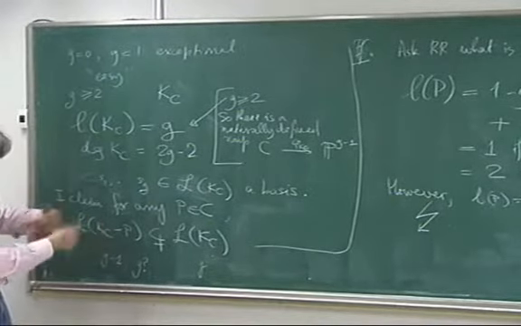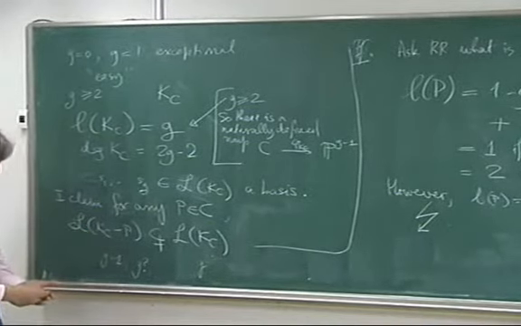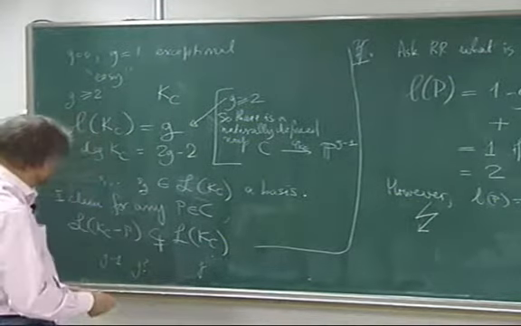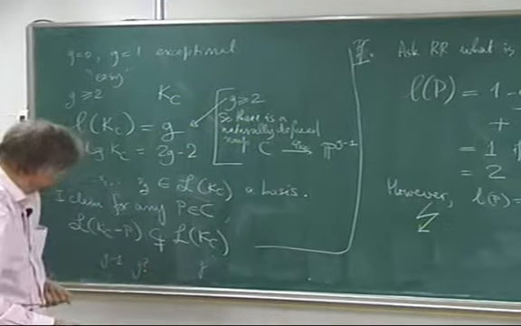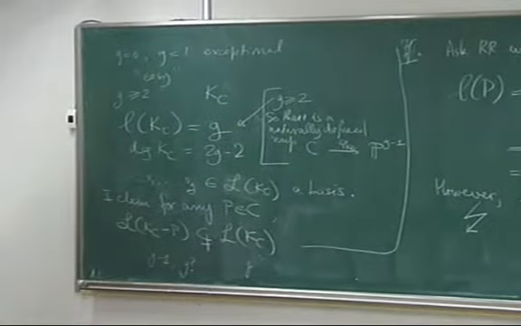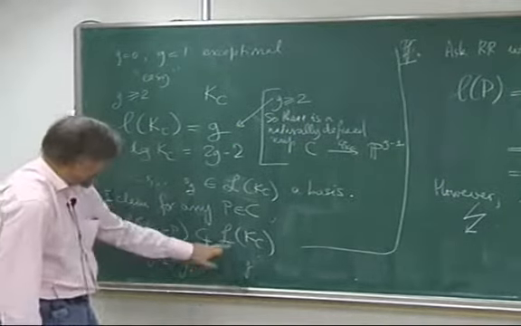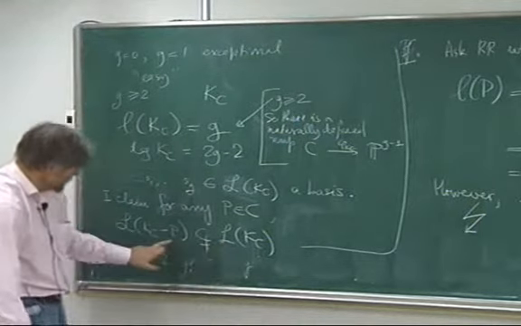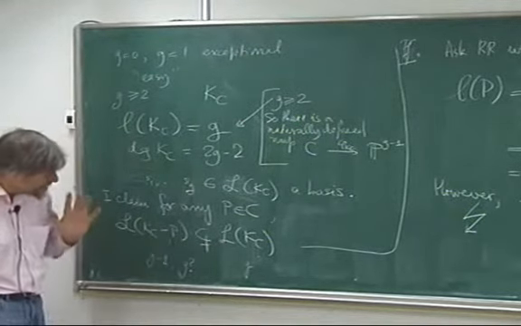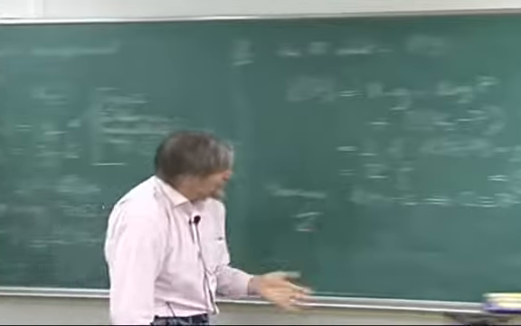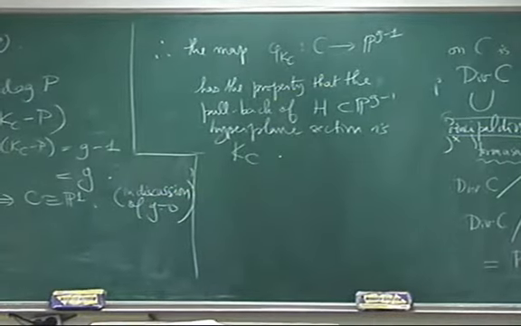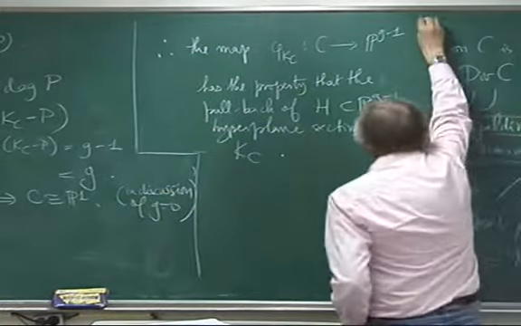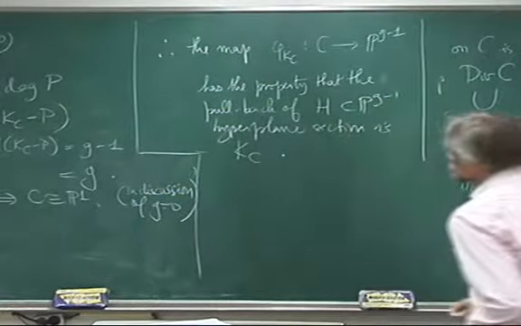Because I'd just cancel it. There's a removable singularity. That's like saying the function z over z can be continued analytically over the point z equals 0. Right? But the point is here that because these guys do not all vanish at a point P, there's no need to do that. And this map is actually given by the linear system Kc itself.